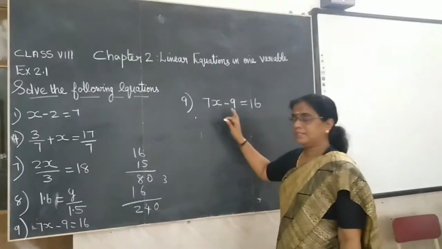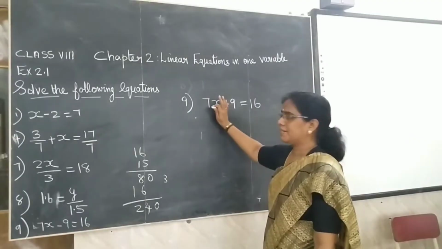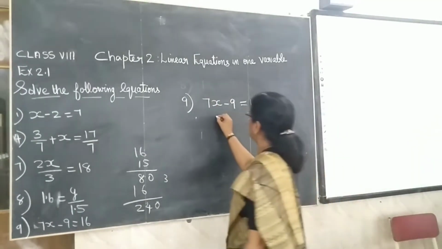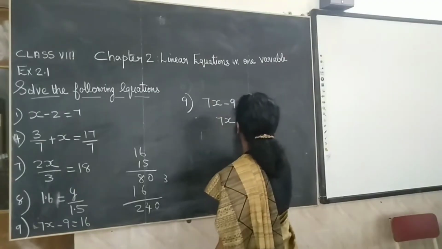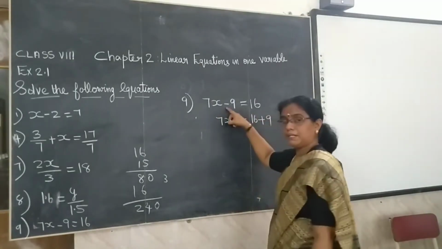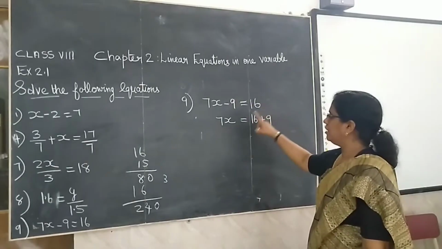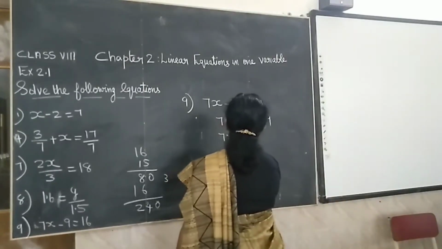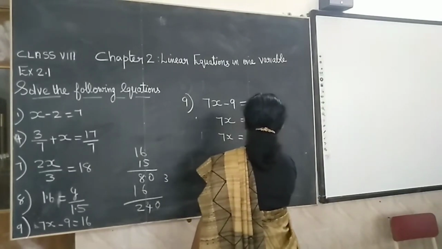First what we are doing is, this x term we will keep here, other terms we will take to the right side. So 7x equal to 16 plus 9. Minus becomes plus on the right side. Therefore 16 plus 9, then 7x equal to 25.